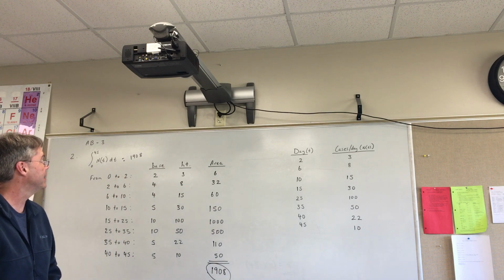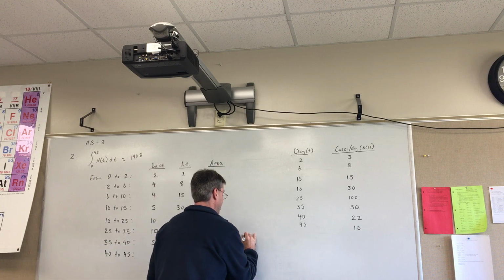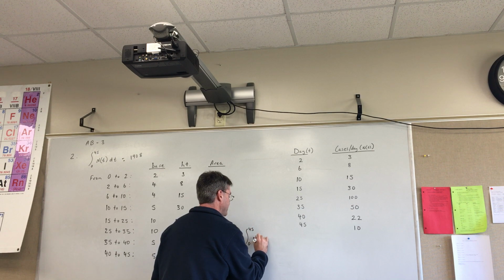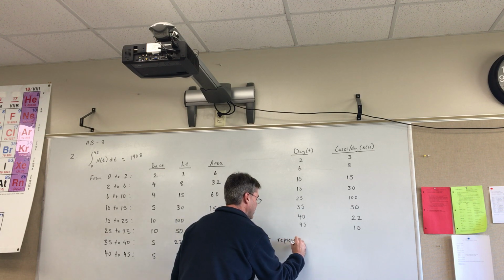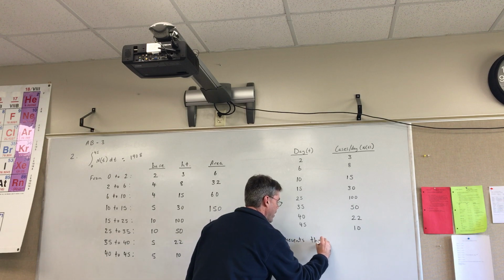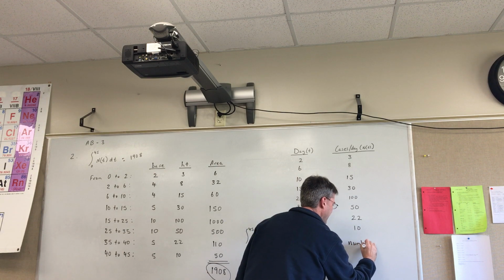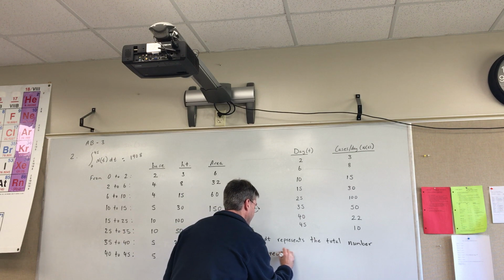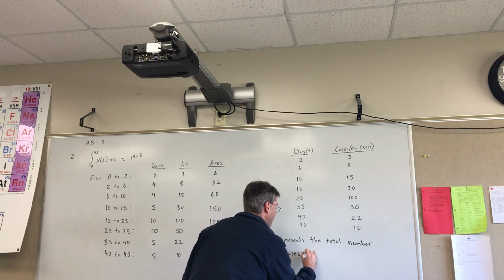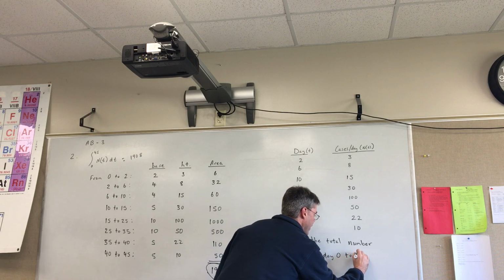Well, what does that mean? Okay, well, the integral from 0 to 45 of N of T dt represents the total number of new cases from day 0 to day 45.